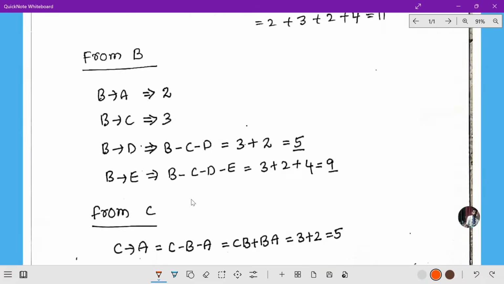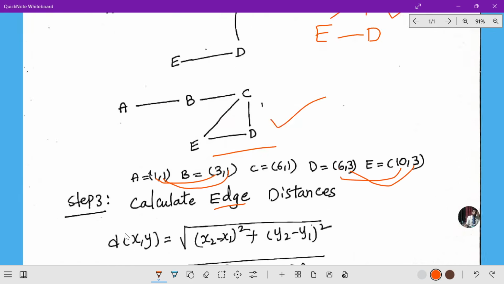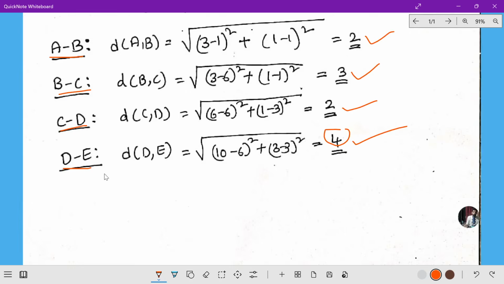Okay. So now here A to B, B to C, C to D, D to E. These edges: A to B, B to C, C to D, D to E, E to C. So we'll also find here E to C. So how to find this E to C?